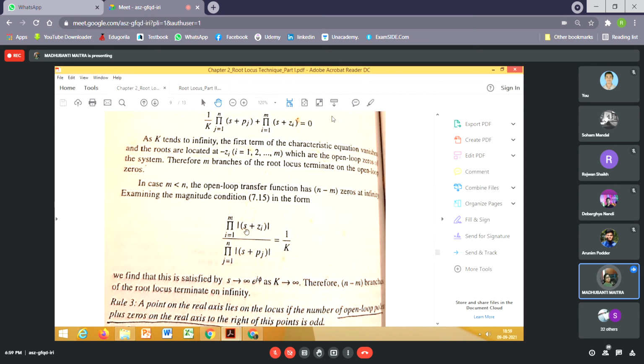From the numerator we can take common s to the power m, out of this product sign. So the terms within the bracket will now become 1 plus zi by s.